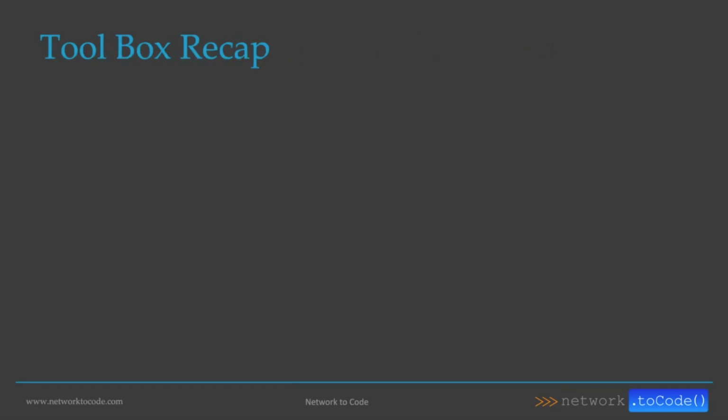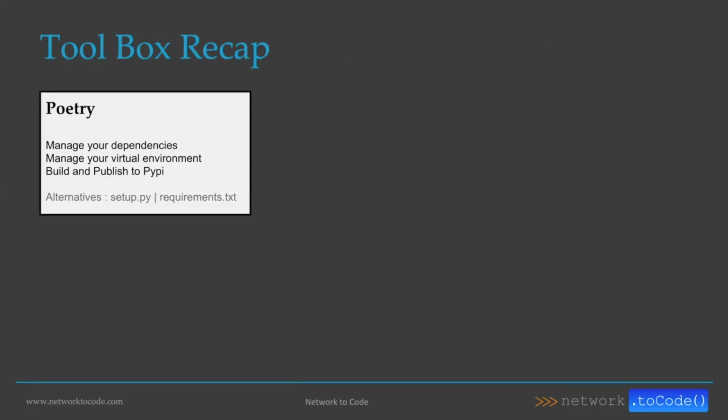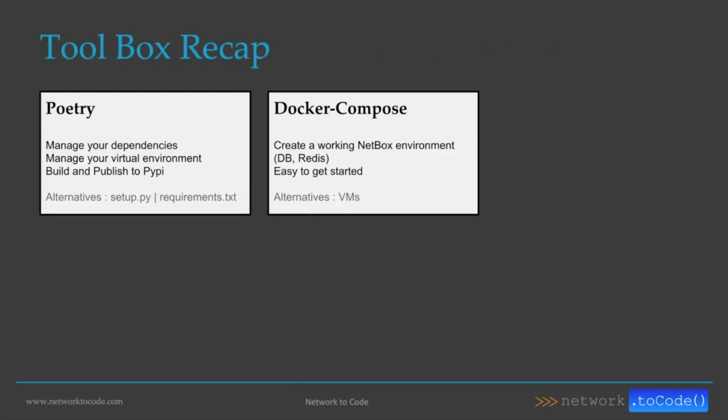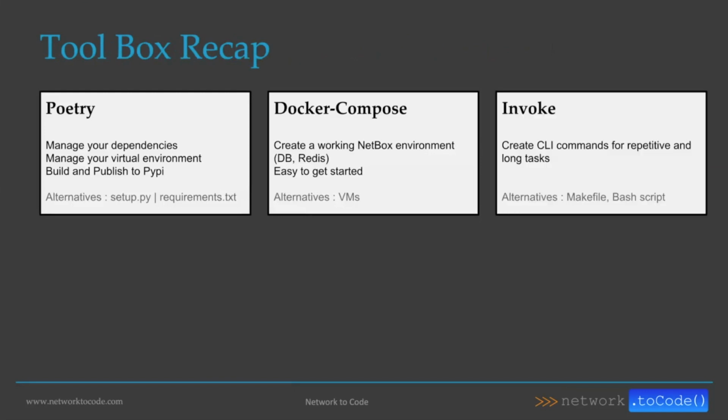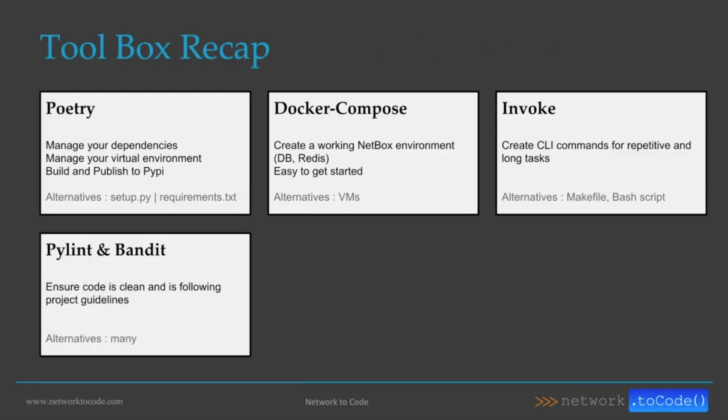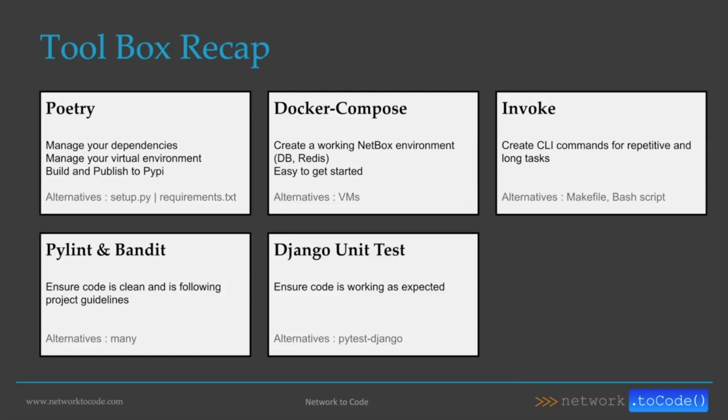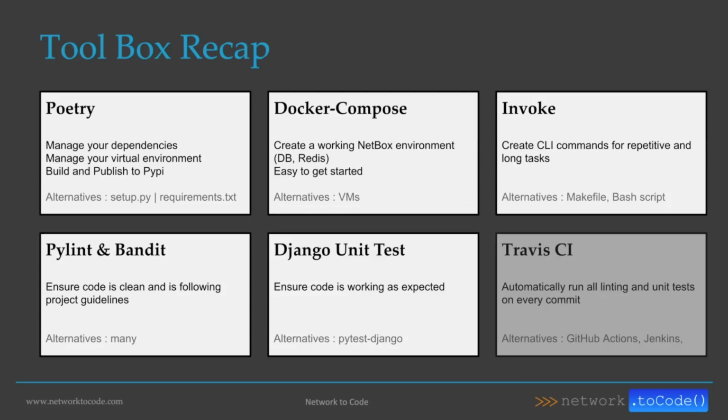That was a lot of information, but again, hopefully you can have started. Just to recap, the tools that we're looking at here and our recommendation, by no means the only options that you have: look at Poetry to manage your project and your dependencies, Docker Compose to build working environments, Invoke to create easy to use, properly documented CLI commands, PyLint and Bandit for code analysis, the Django unit test framework itself for ensuring that the code is working, and then Travis CI.